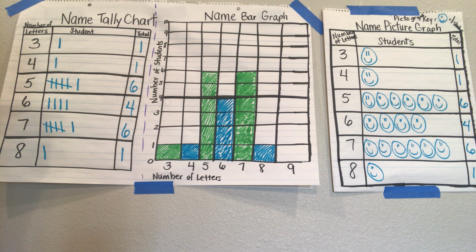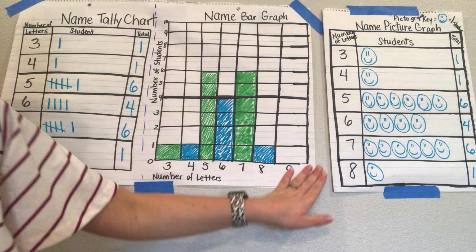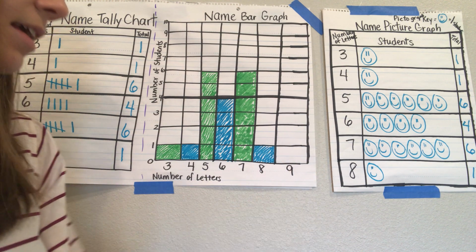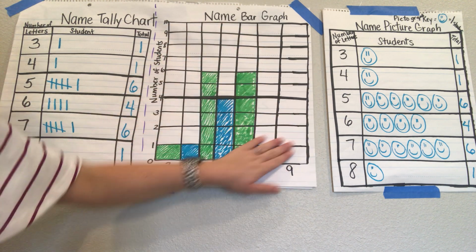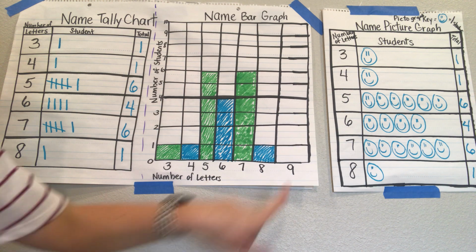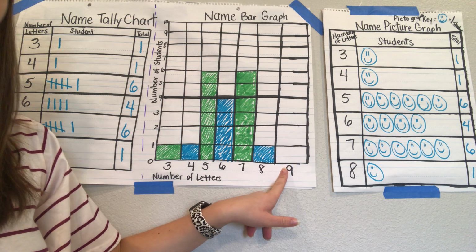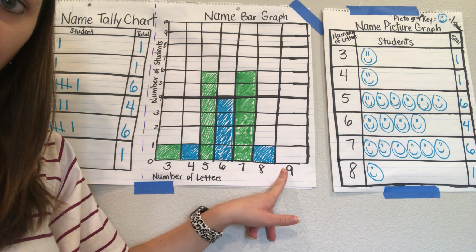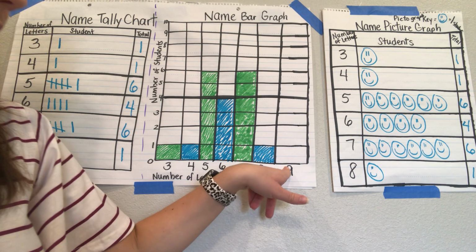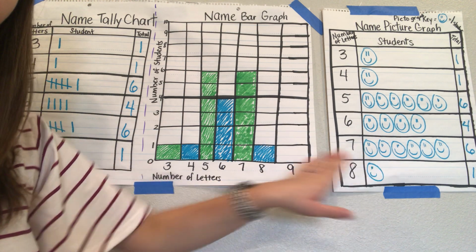Which number of letters had the least? Now this is kind of tricky because I kind of added this on last minute with the 9. So if you're looking at the bar graph and answering this question, 9 has the least amount of students because it has 0. But that's not very much of a fair question to ask because the other ones don't have 9.